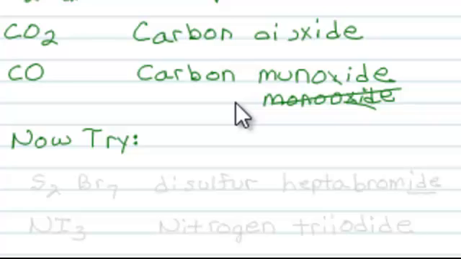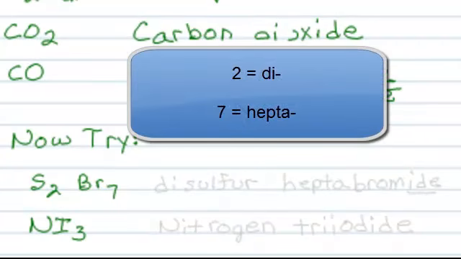So now there's 2 other examples we should do together. S2Br7 and NI3. So S2, S is sulfur, and 2 is di. So it's disulfur. And 7 is hepta. So it's heptabromide, and bromine becomes bromide. So I changed that ending to IDE.